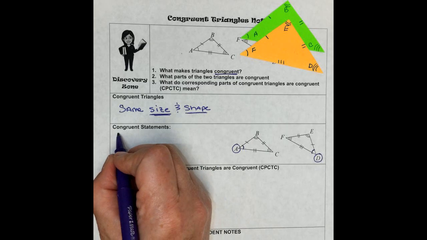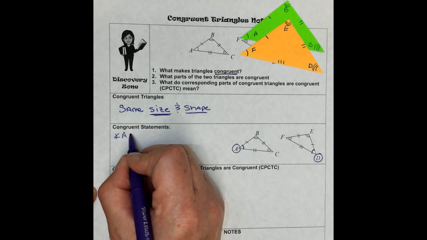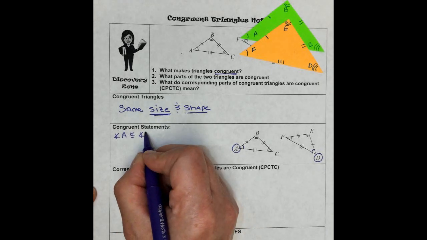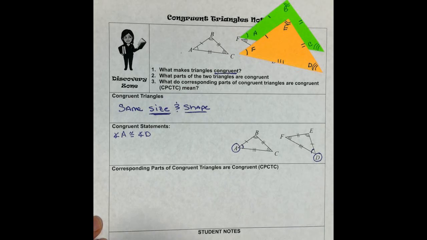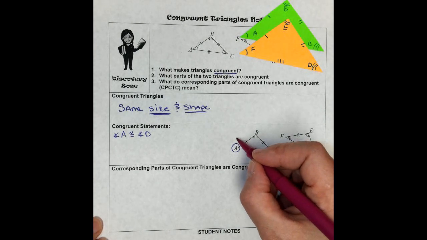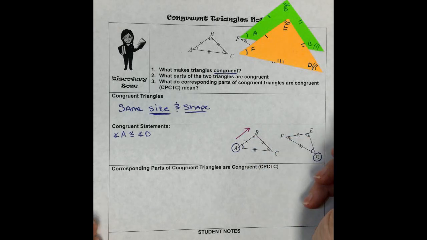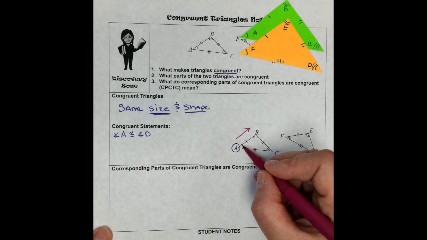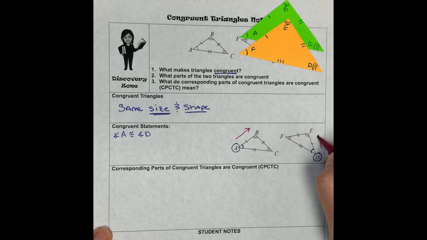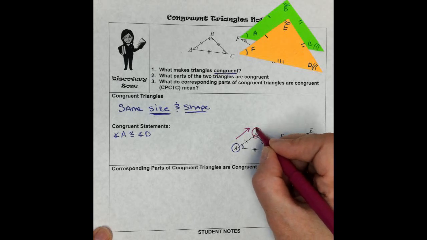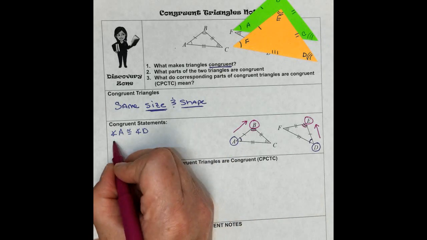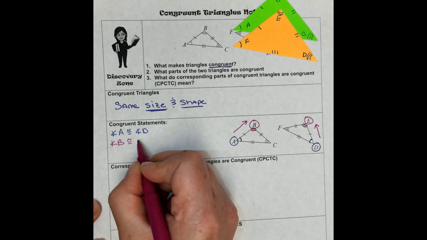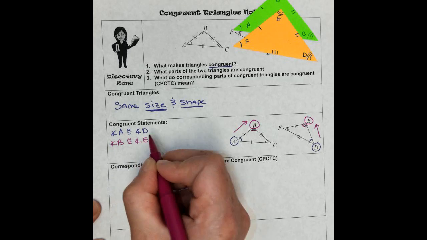So that means that angle A is congruent to angle D. Now, I'm going to walk this triangle the same way because it's very important that you walk the triangle the same way. So I'm going from one arc to two arcs. One arc to two arcs here. So I've got angle B is congruent to angle E.